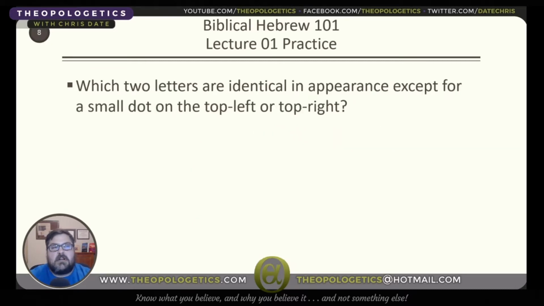Which two letters are identical in appearance except for a small dot on the top left or top right? The answer is Sin and Shin.